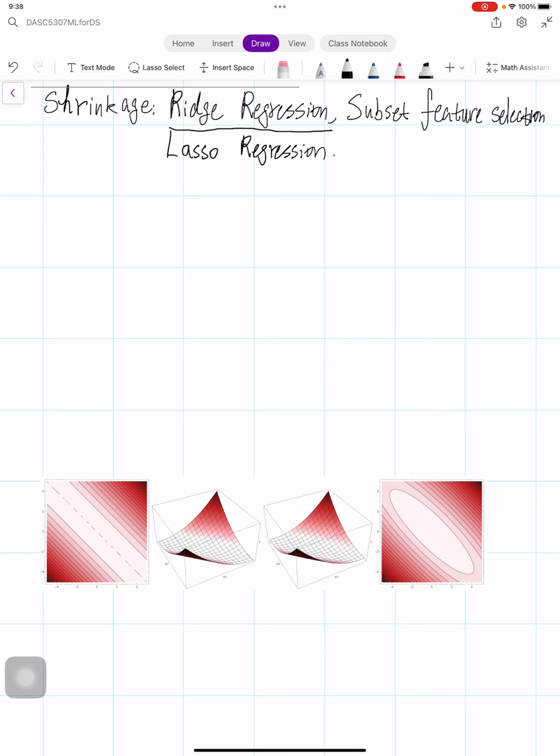Okay, so ridge regression. It has another name. It's called Tikhonov regularization.